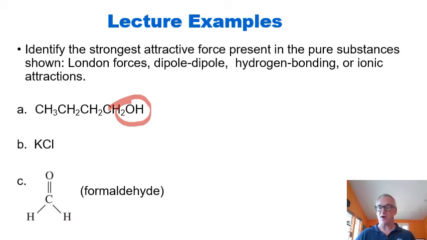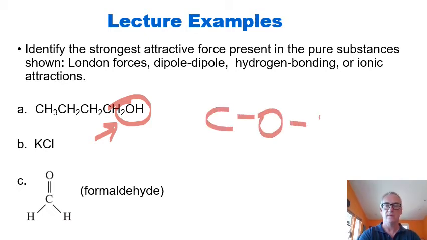So it's a hydrocarbon with an alcohol group on the end. So that means we have this on one end of that molecule. And so ask yourself, what sort of interaction can this molecule undergo?